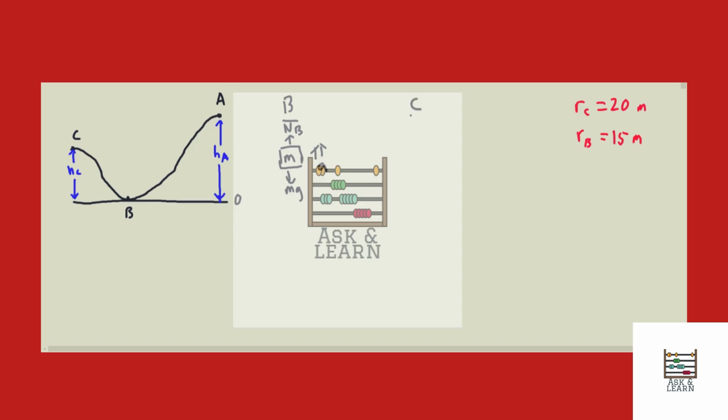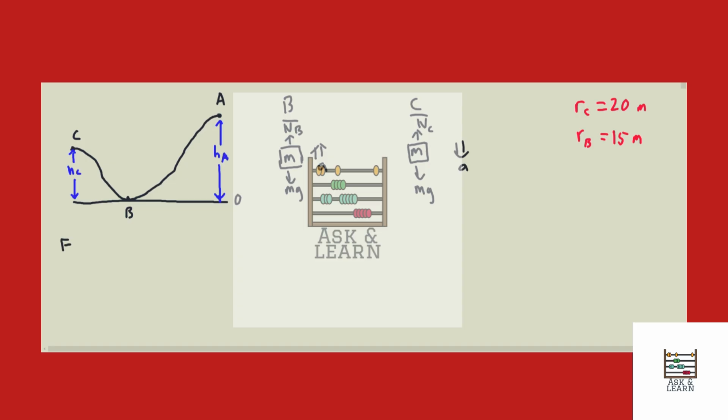Then when we look at point C, again we have our passenger of mass m, a gravitational force downward and normal force N sub C upward. In this case, the centripetal acceleration, again moving into the center of that circle, will be in the opposite direction from point B.